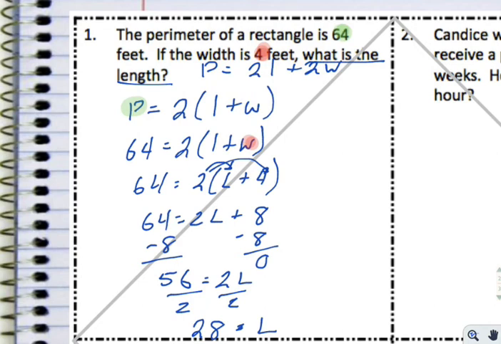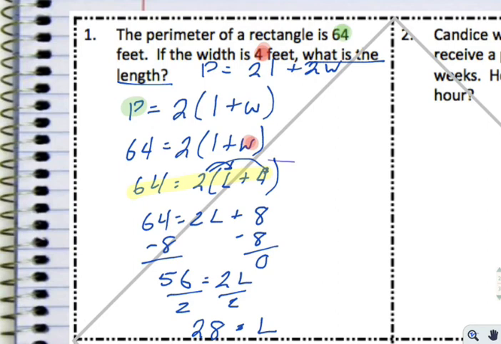I can go back and actually check my work pretty simply by looking at the formula that I wrote that has all the substitutions except the L and actually plugging the L in. So 64 equals 2 times, this should be a 28, plus 4.